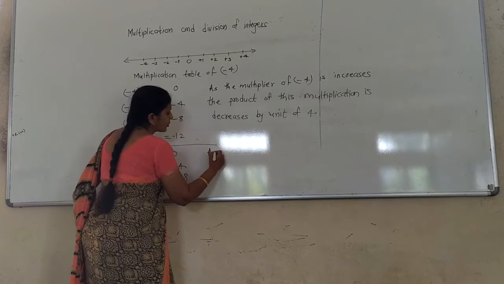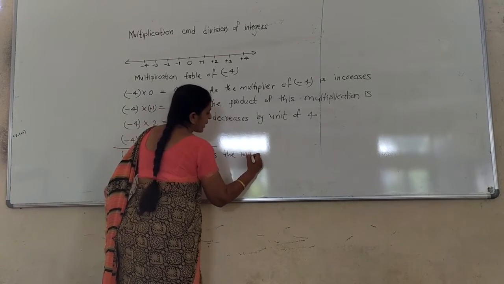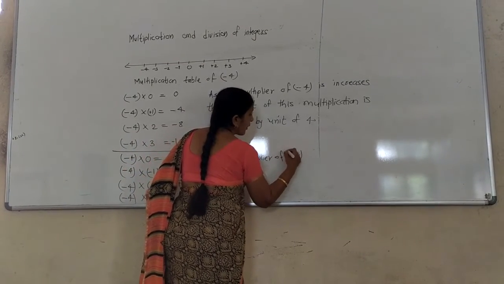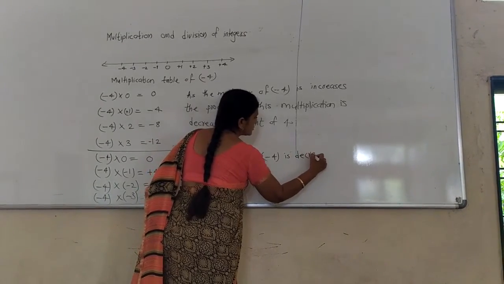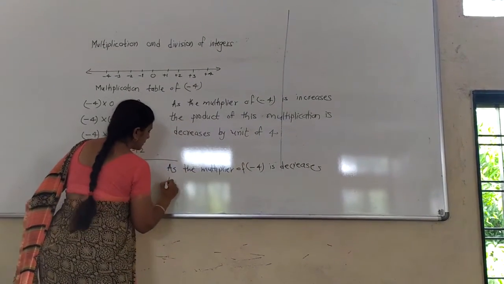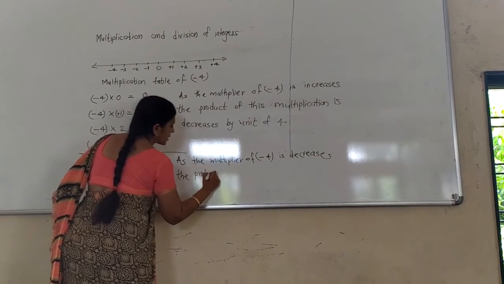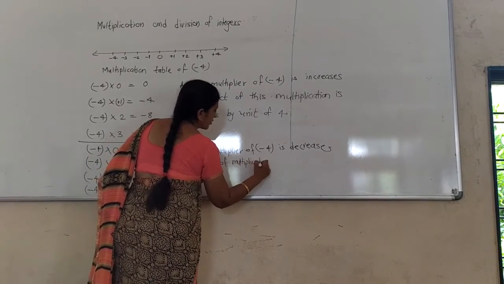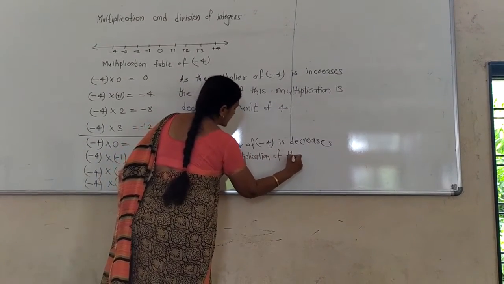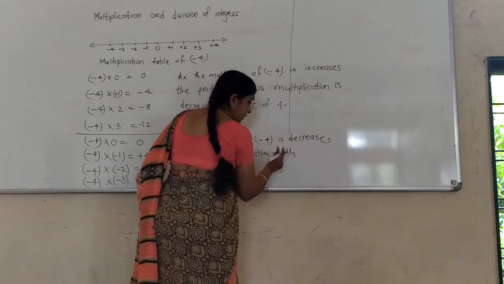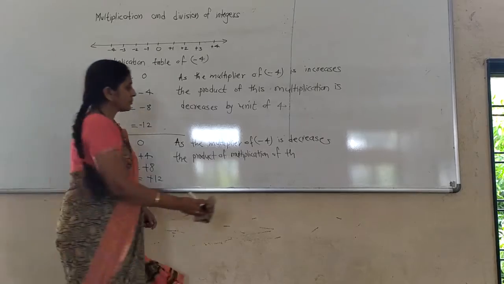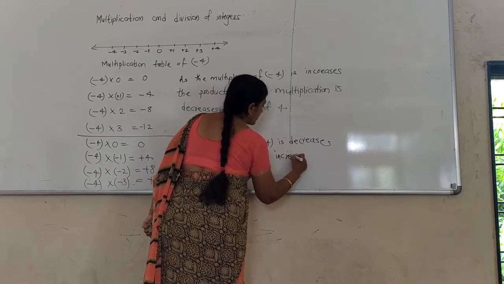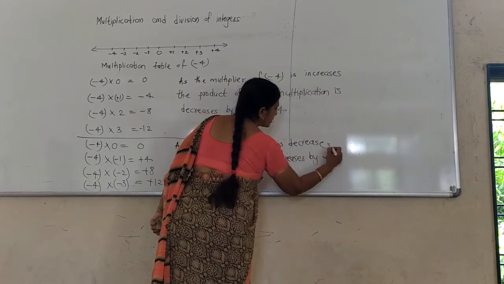So what you have to write here: as the multiplier of minus 4 decreases, the product of this multiplication increases by unit 4.